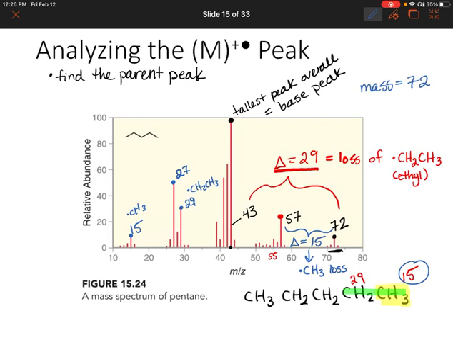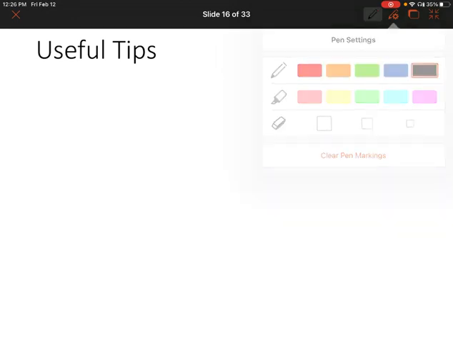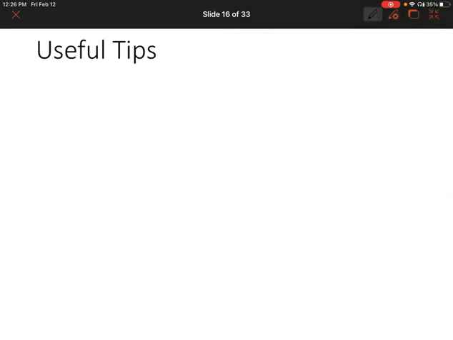Now, let's go over some more tips that we can use to figure out what our molecule is, because even though this gives us a lot to start with, there's some other things we can use as well to kind of piece together our molecule. So one tip has to do with whether your mass is even or odd.